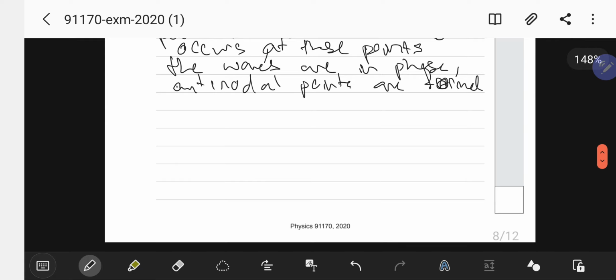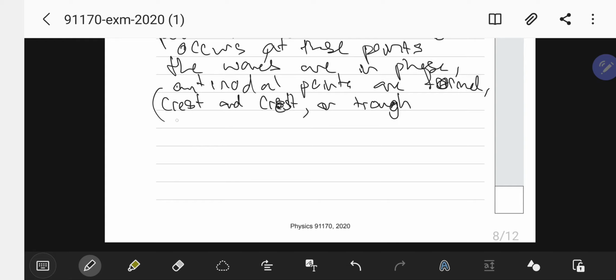What else? Crest and trough. I think we can say that this is where the crest and crest, or trough and trough meet. I think we can say that too.